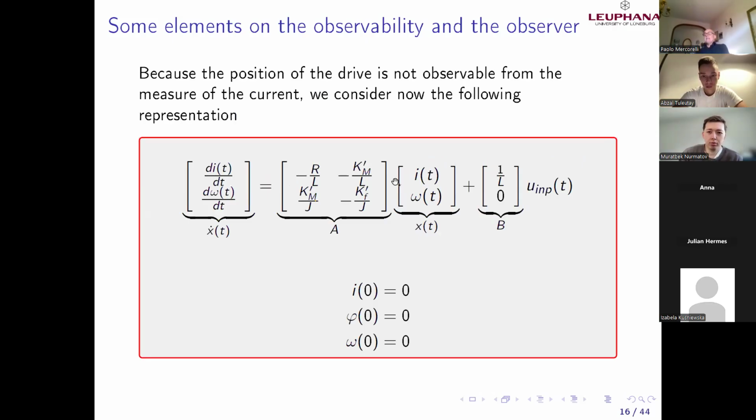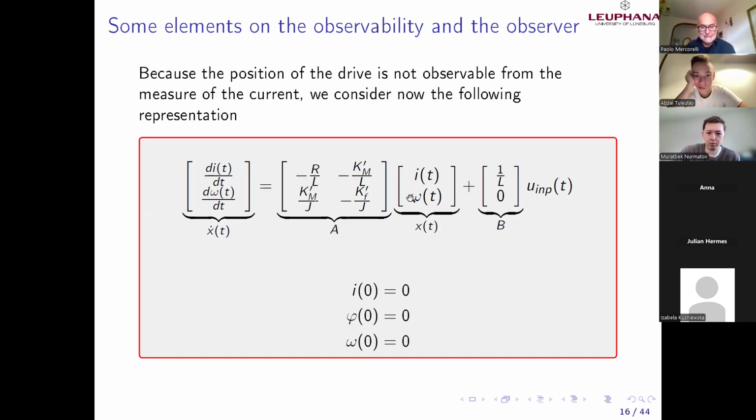Look at this, very important now. I try to reduce the model. Why that? We can understand better in a few minutes. But I would like to introduce now the concept of observability in a practical form.